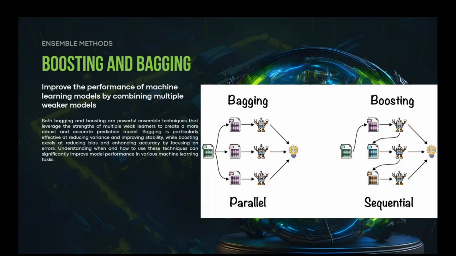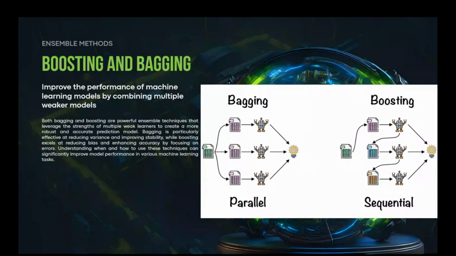This results in a final model that is more stable and less prone to overfitting than any individual model. Each model in the ensemble in the case of bagging is trained independently and in parallel. Random forest is a popular example of a bagging algorithm, which is again based on decision trees, right?